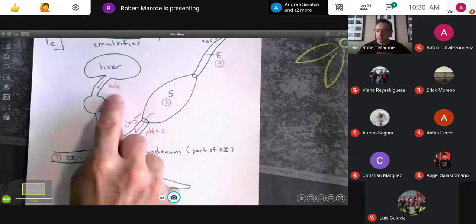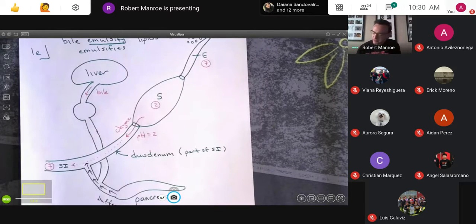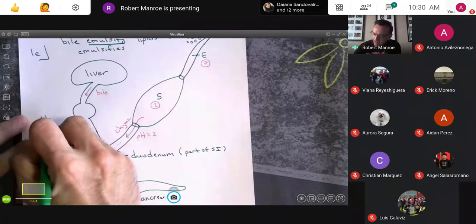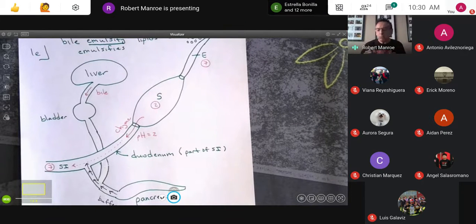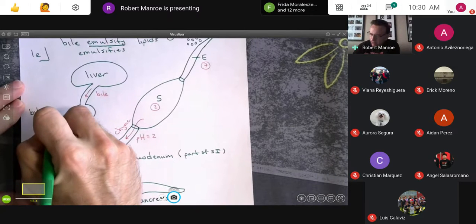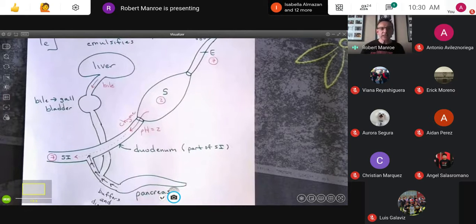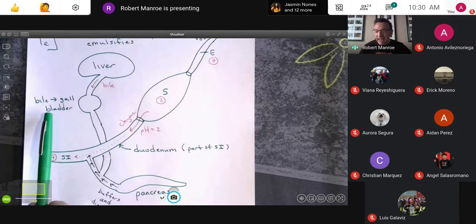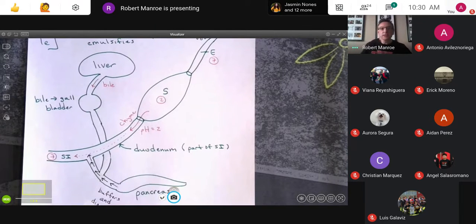So bile then concentrates in this bladder. A bladder is simply a bag. That's all it is. When you concentrate bile, it becomes a compound called gall. So gall is simply concentrated bile. The bladder that contains gall is called the gallbladder.